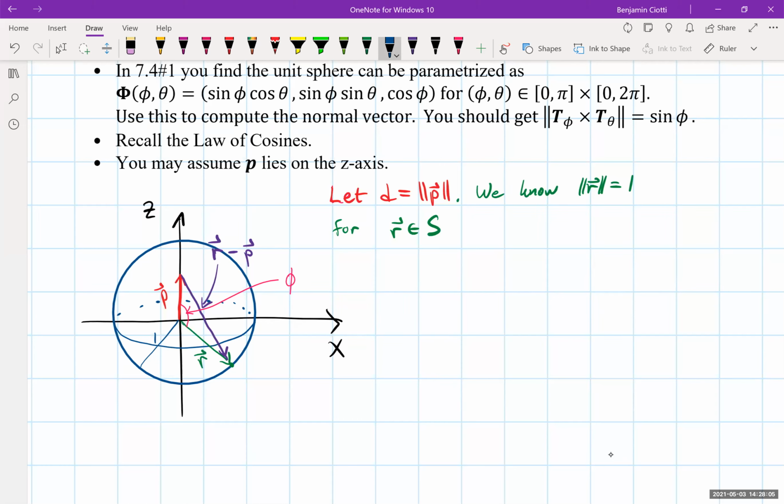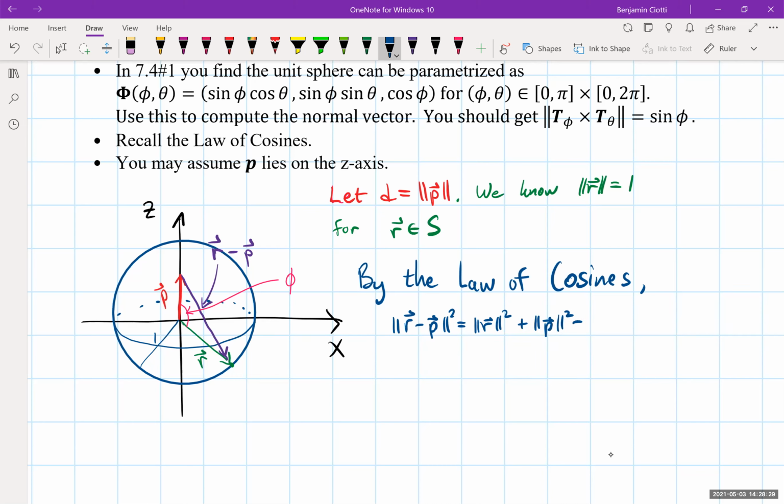So by the law of cosines, the length of r minus p squared is the length of r squared plus the length of p squared minus twice the length of r times the length of p times the cosine of the angle between them, which is phi.